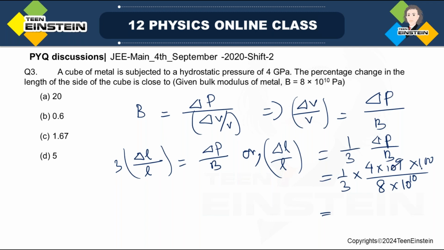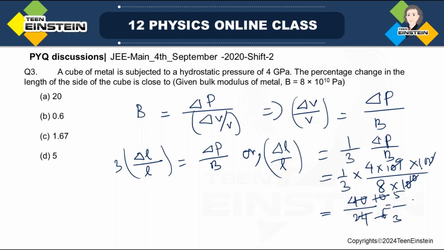So this cancels, so I get 40 by 24. So 4, 10, 4, 6, again it will be 5 by 3. So this is the thing.